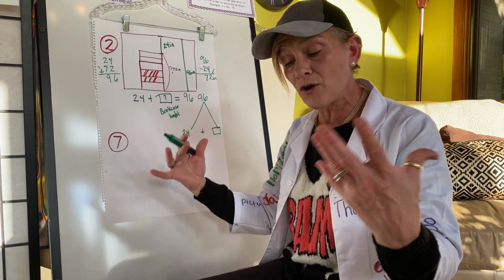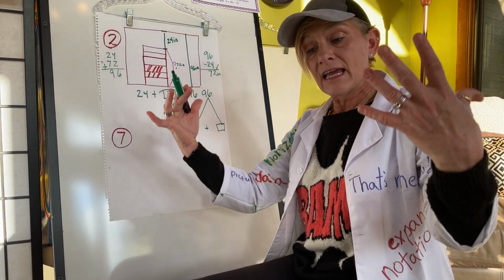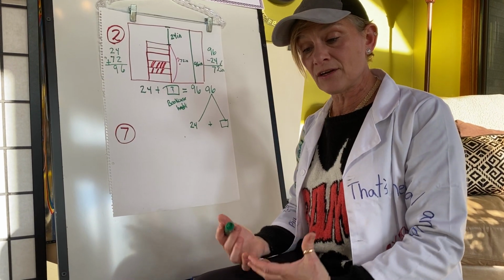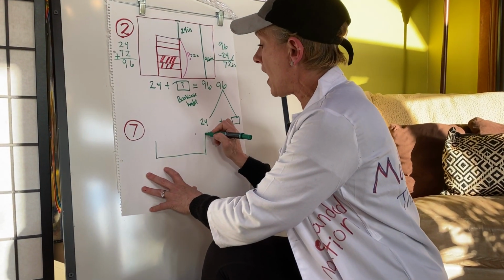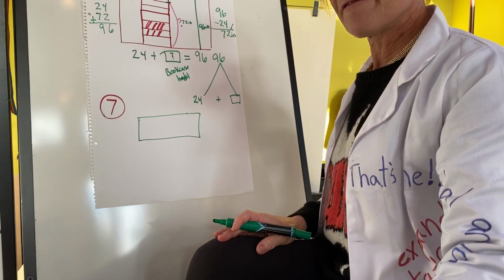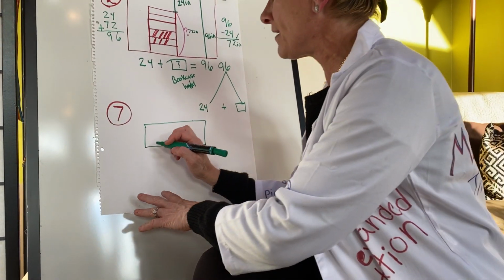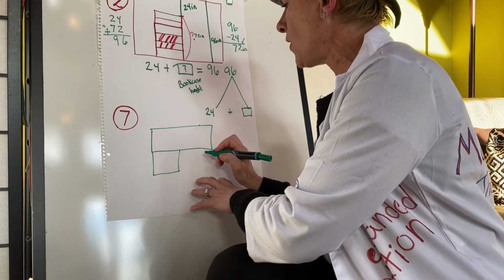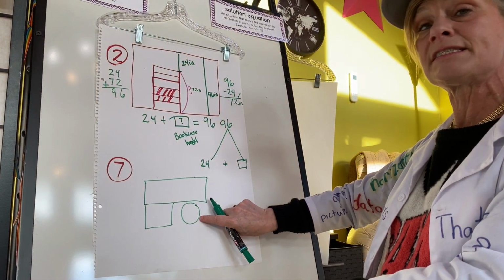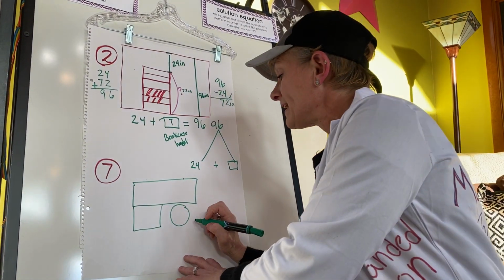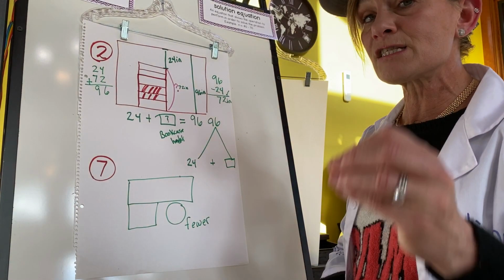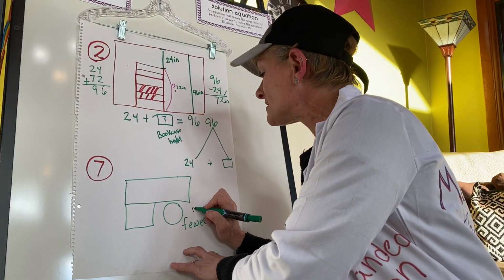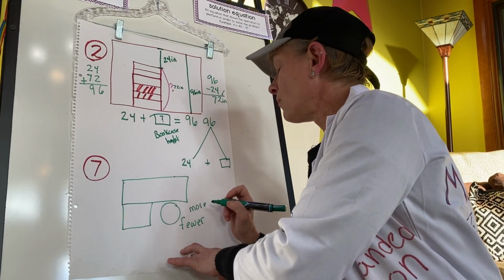So Nick and Ben are running a relay race. Nick runs 48 meters and Ben runs 37. They want to know how many fewer meters Ben runs. So friends, we know that this circle in our comparison bar stands for the fewer. And if it stands for the fewer, it also stands for the more.